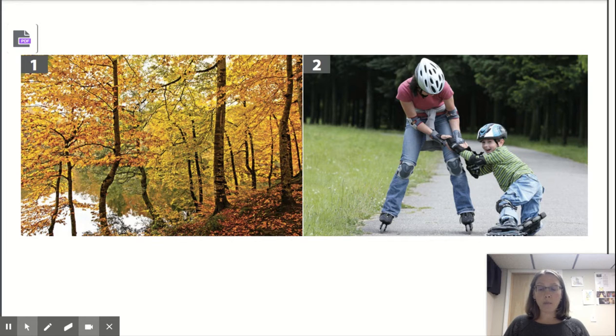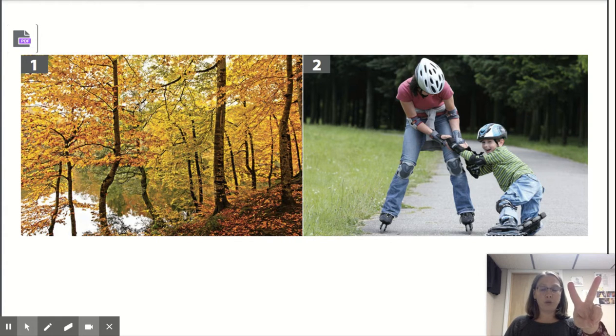Fall can also mean other things. Fall can mean to drop from a higher place to a lower place. Hold up one or two fingers to indicate which image on the poster shows the meaning of fall, to drop from a higher place to a lower place.